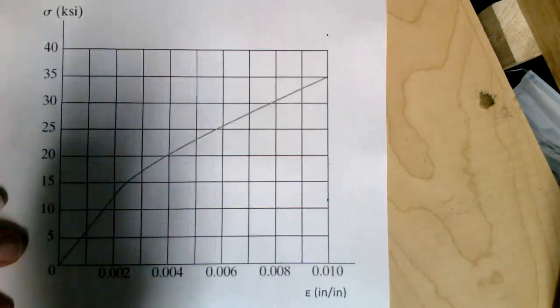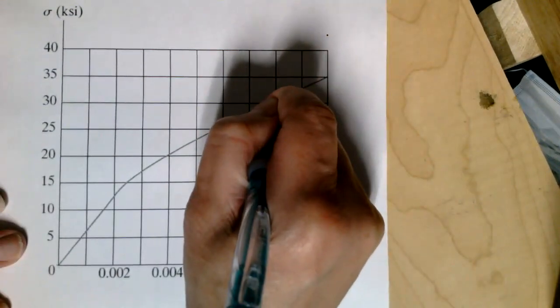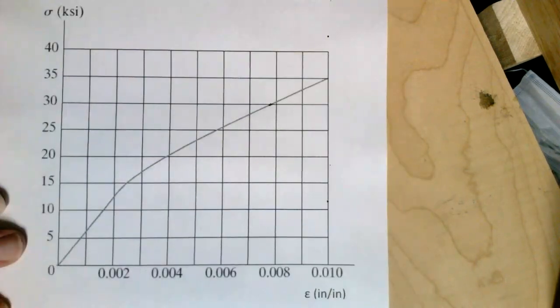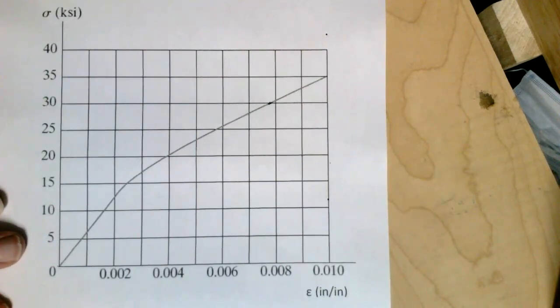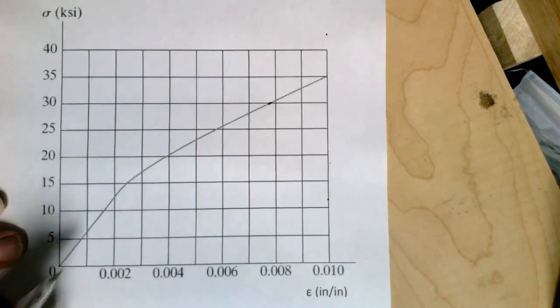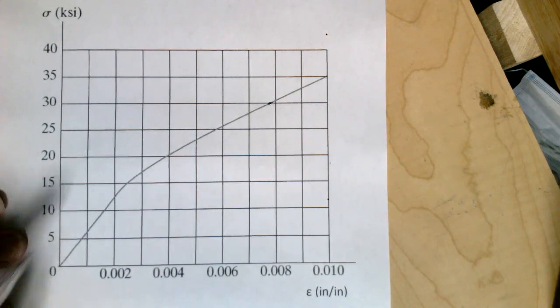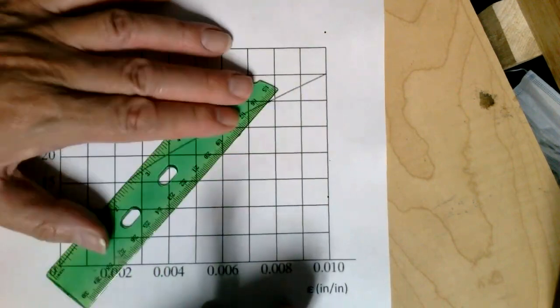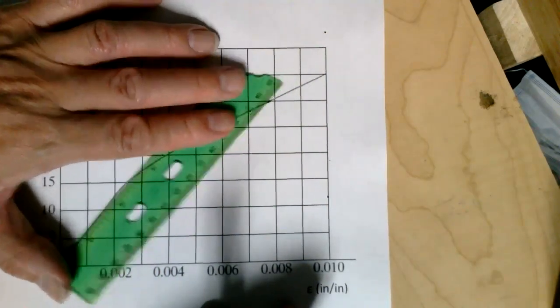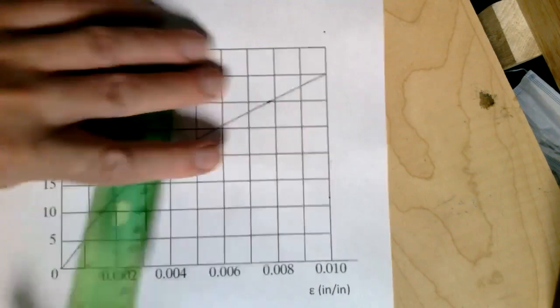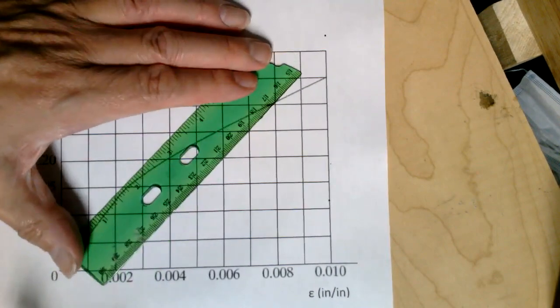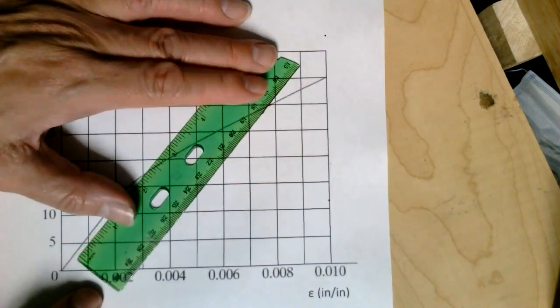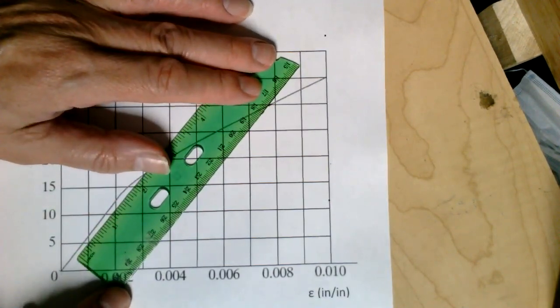So let's start again at our 30,000, which was right up here. We want to start at the 30,000 and then make a line. Once again, we're trying to find a line parallel to this proportional area here. It's not always real easy to do.